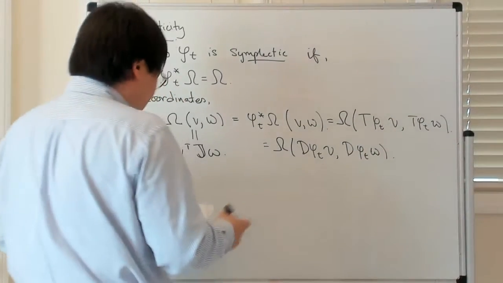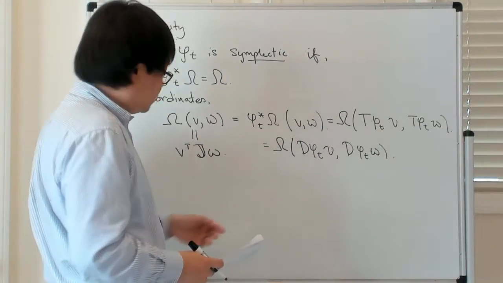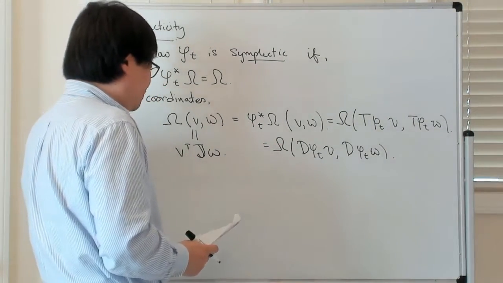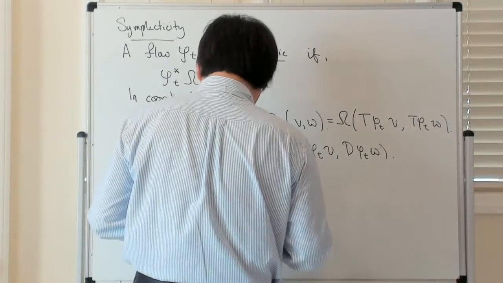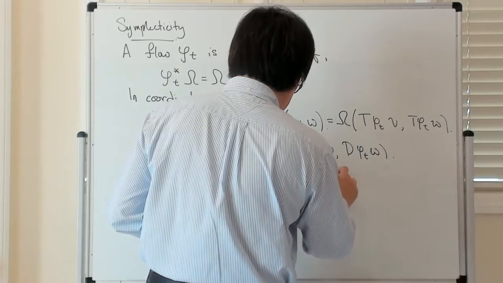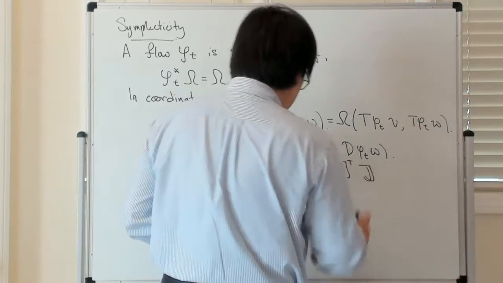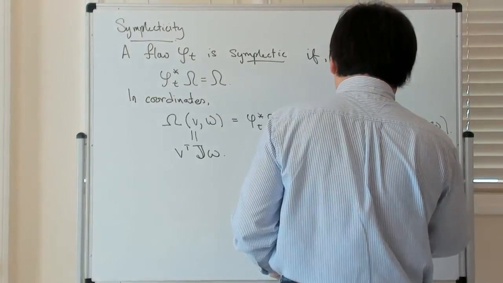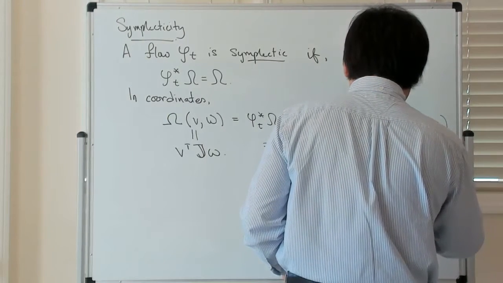And then again you can write this in terms of the bilinear form and the J symplectic matrix. So this is the linearization acting on v, transpose, J, and then again the linearization acting on w.